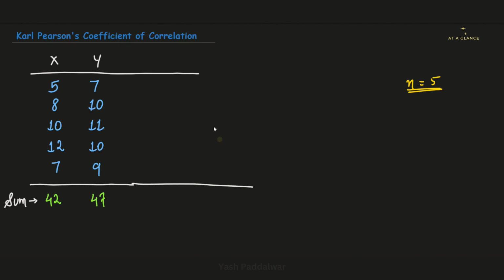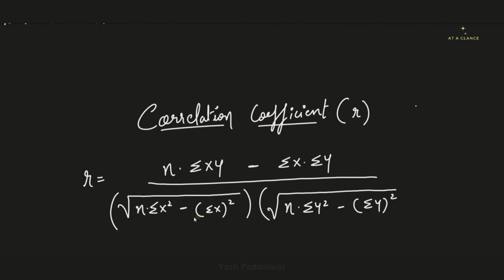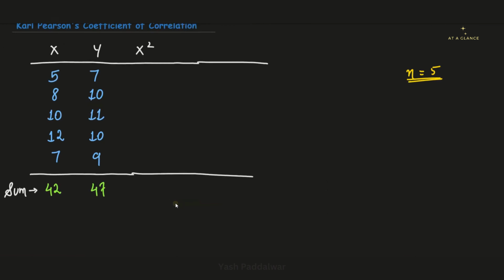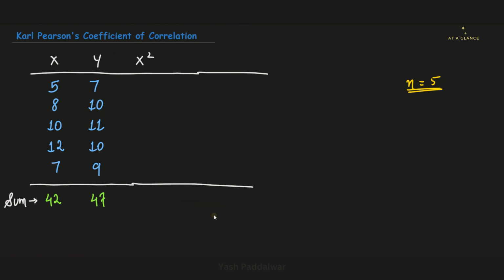Now, according to the formula, we'll also require three more terms. See, in the formula, we'll require summation x square. So for that, we'll have to find out the squared values of each and every data instance of x. Focus on this x variable.